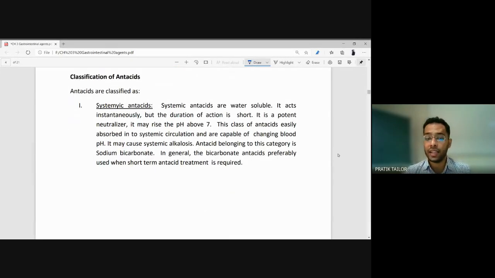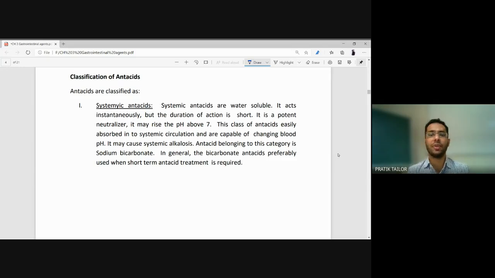This can be classified into two major categories: systemic antacid and non-systemic antacid. Systemic antacids have the ability to be absorbed and make the overall systemic pH alkaline, that is, systemic alkalosis can be possible if you consume a large amount of systemic antacid.